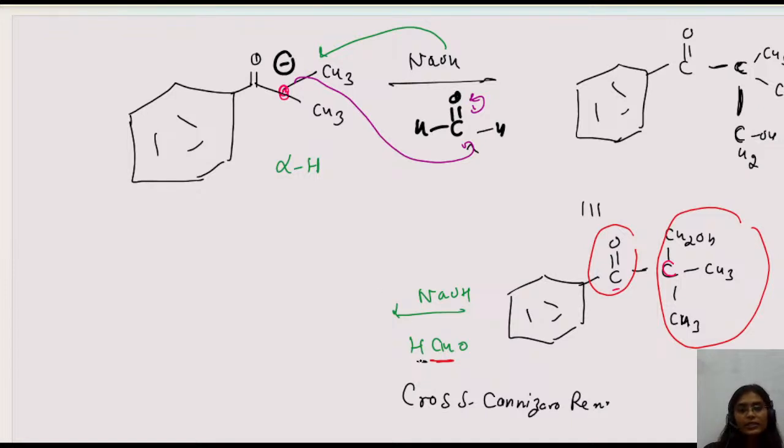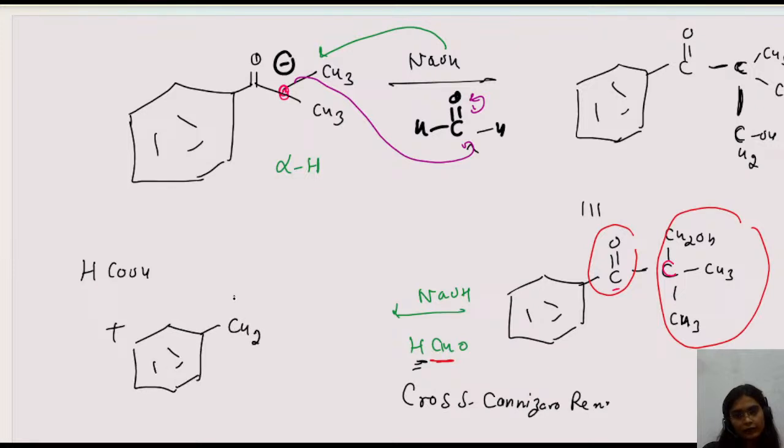Look at this. In this case, this is the less electron withdrawing group, so it undergoes CH formation. In this case, CH is there, and this one undergoes the reduction part. Focus, I will highlight the changes: it is a CH3 and it is a CH3.